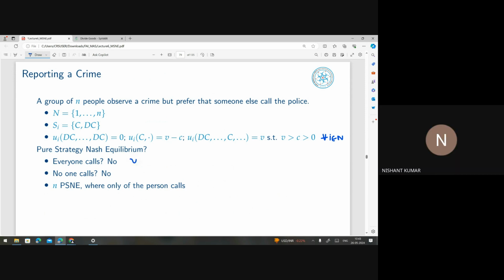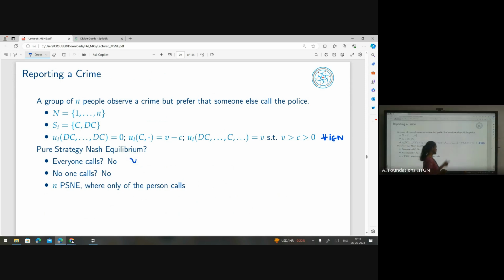It's B, because at least one other agent is calling, so agent i is happy. Previously it was getting a value of B minus C, now it's getting a value of B. So will agent i try to deviate? Yes. Which is why this is not a pure strategy Nash equilibrium, because each of the agents has an incentive to deviate.